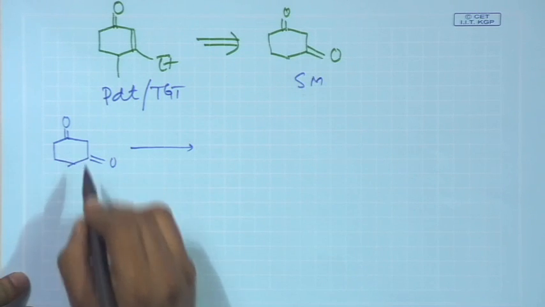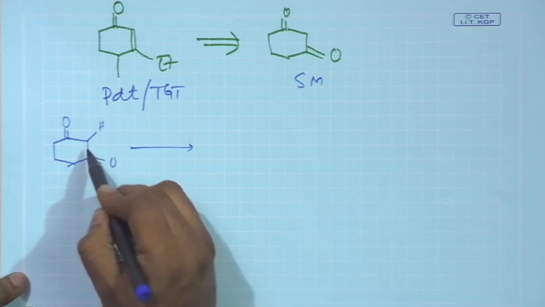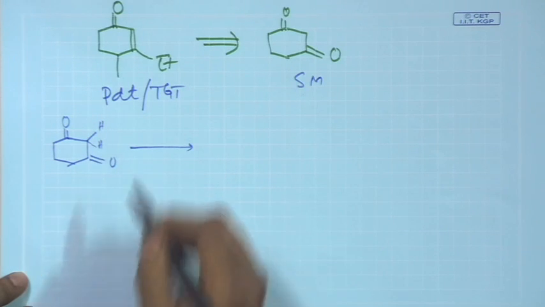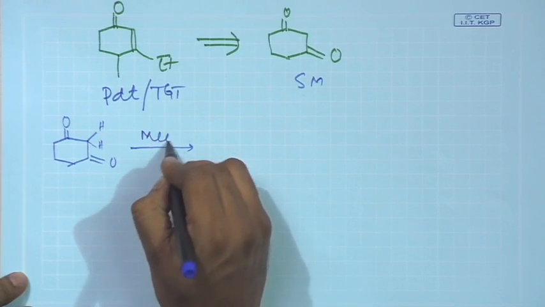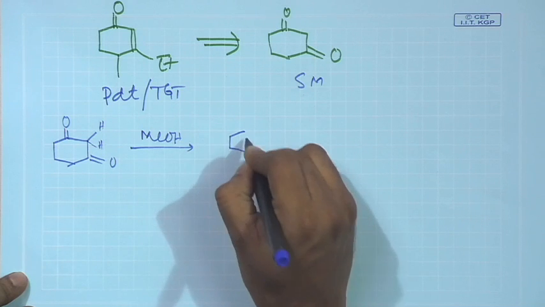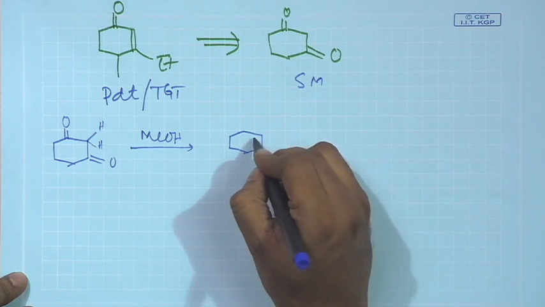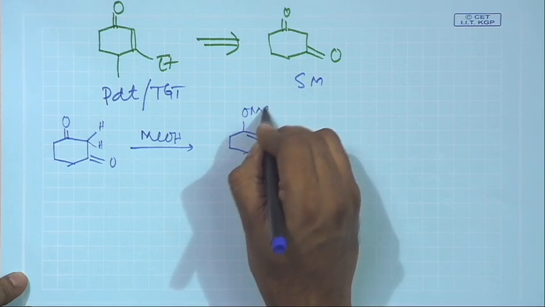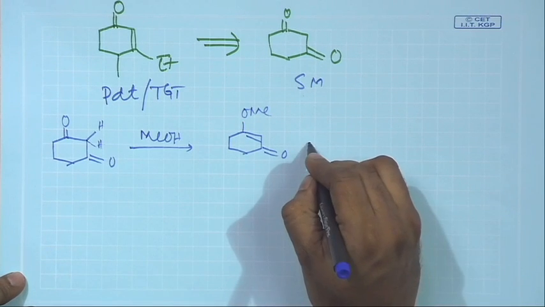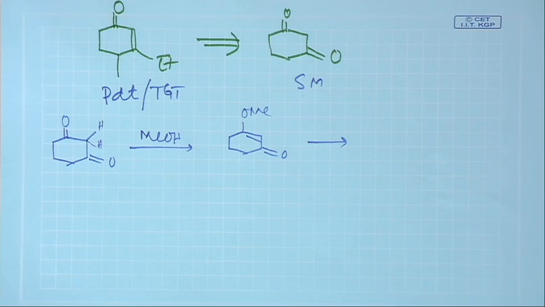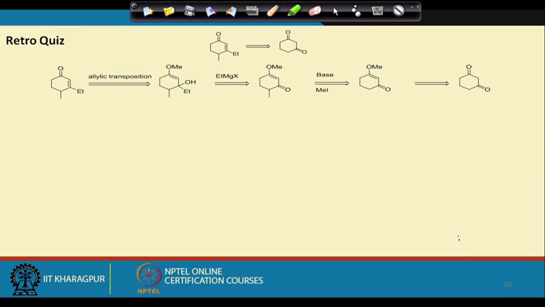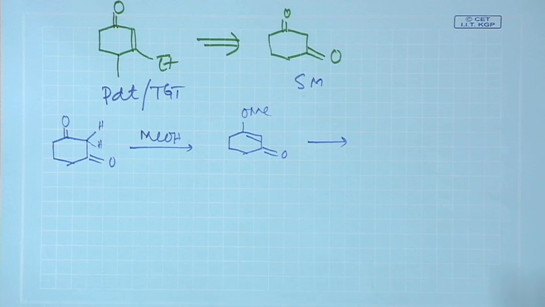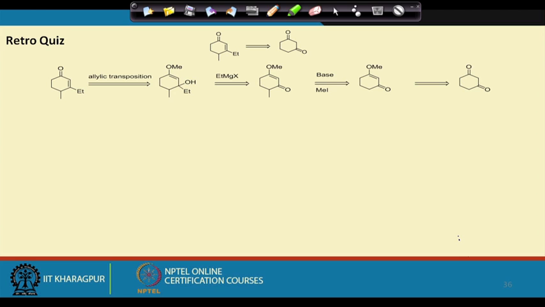Now, this compound has highly acidic hydrogens. So, if we treat it with simple methanol, this compound will enolize, and you basically get these things. Okay. Now, as I said, the target molecule has a methyl appendage or methyl substitution at this point.